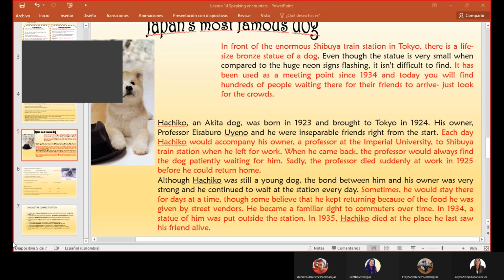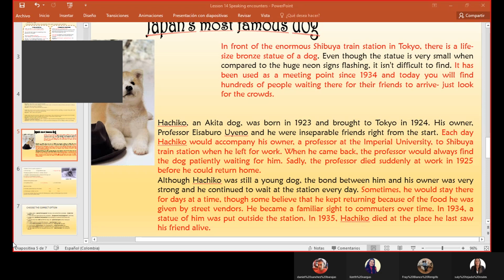Sadly, the professor died suddenly at work in 1925 before he could return home. Although Hachiko was still a young dog, the bond between him and his owner was very strong, and he continued to wait at the station every day. Sometimes he would stay there for days at a time.